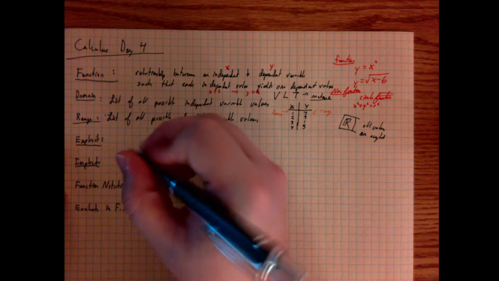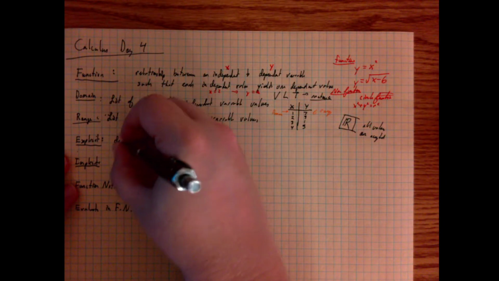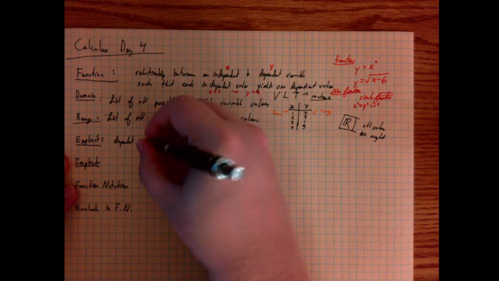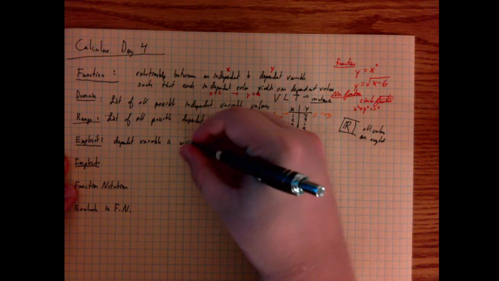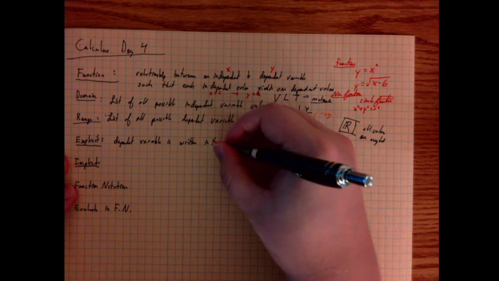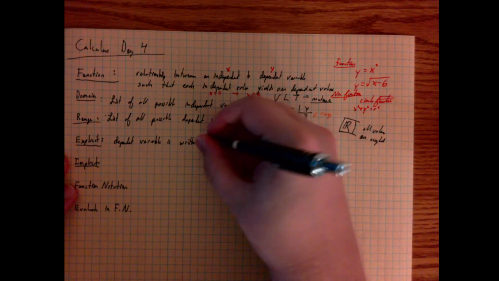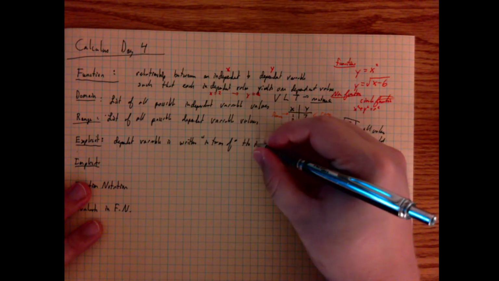Now, explicit versus implicit. An explicit function is where the dependent variable is written, we put that in quotes here, in terms of the independent variable.